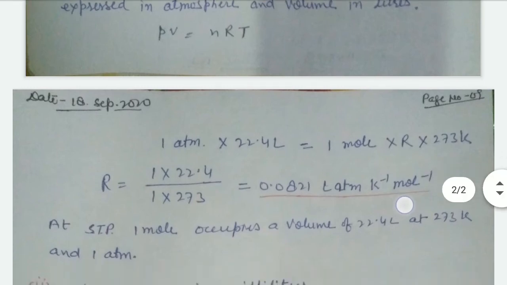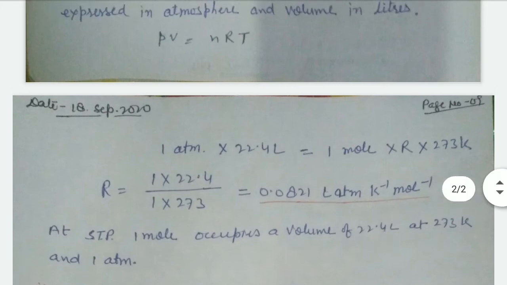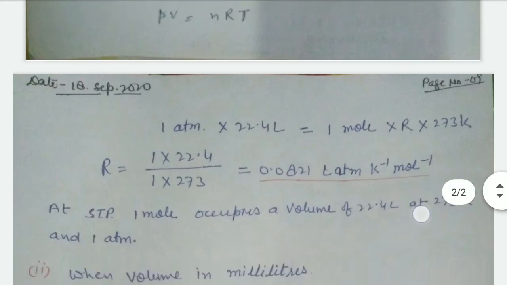P is 1 atmosphere pressure, volume is 22.4 liter, n is 1 mole, R we are going to calculate, and T is 273 Kelvin. Then the value of R is 0.0821 liter atmosphere Kelvin inverse mole inverse.